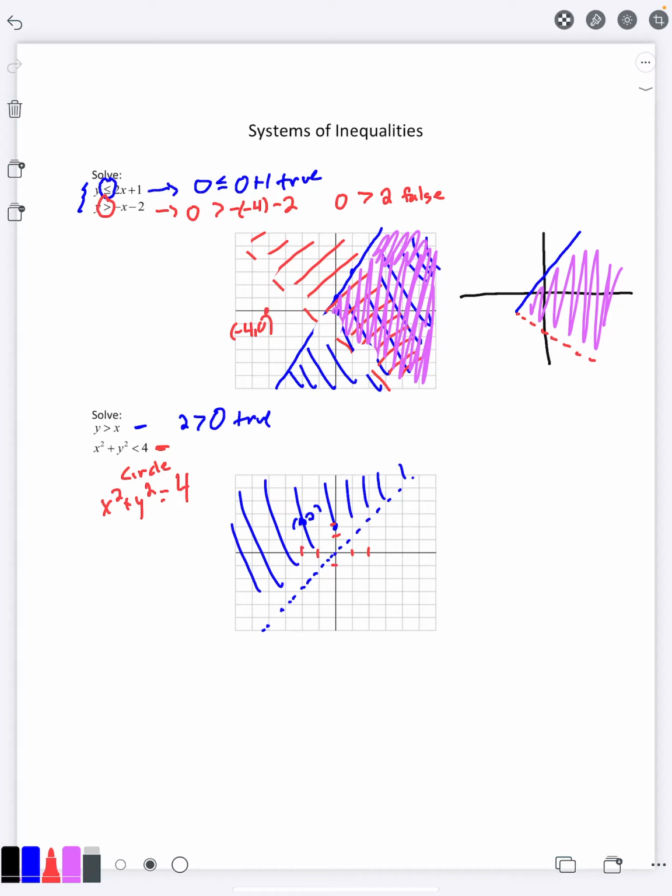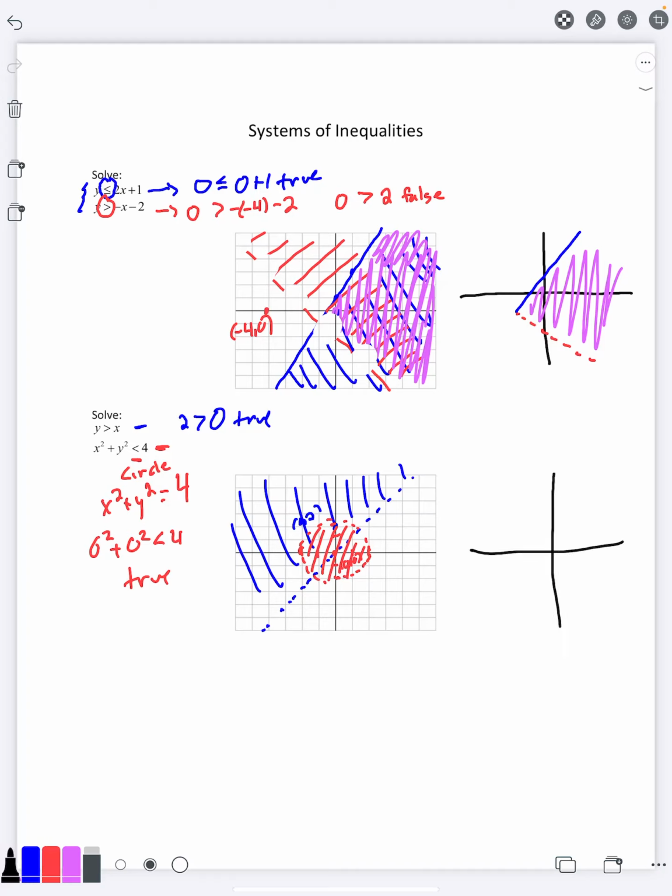It is centered at the origin. This one is also going to be a dotted line because it's less than 4. For this one, I can use the point 0, 0 as a test because 0, 0 is not on that circle. And so 0 squared plus 0 squared is less than 4. That is a true statement. So I shade the inside.